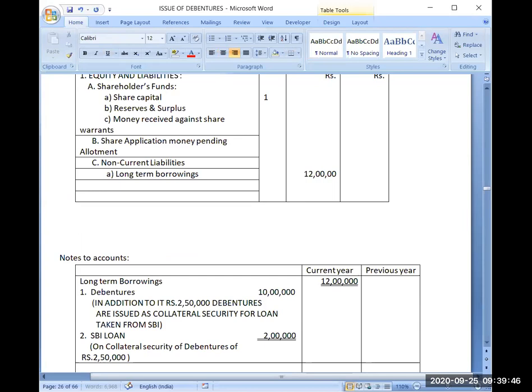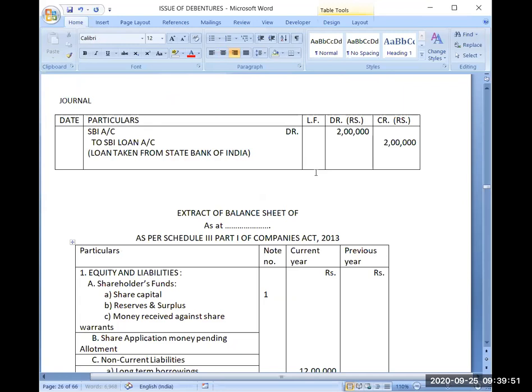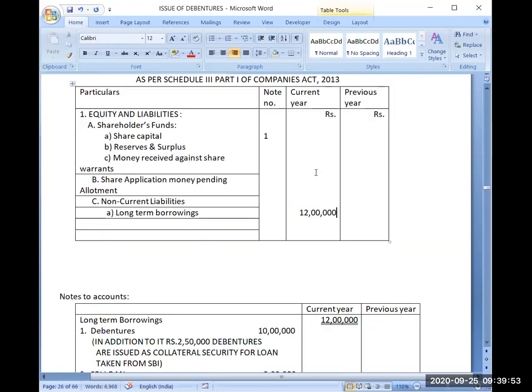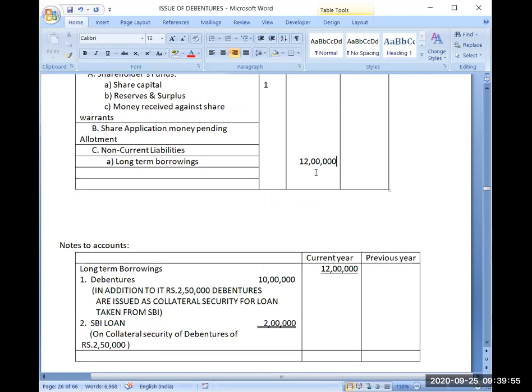This way the first method is completed. This is only the first method: journal entry 1, and then these notes to accounts. Simply a note is given for collateral security. No accounting has been done.